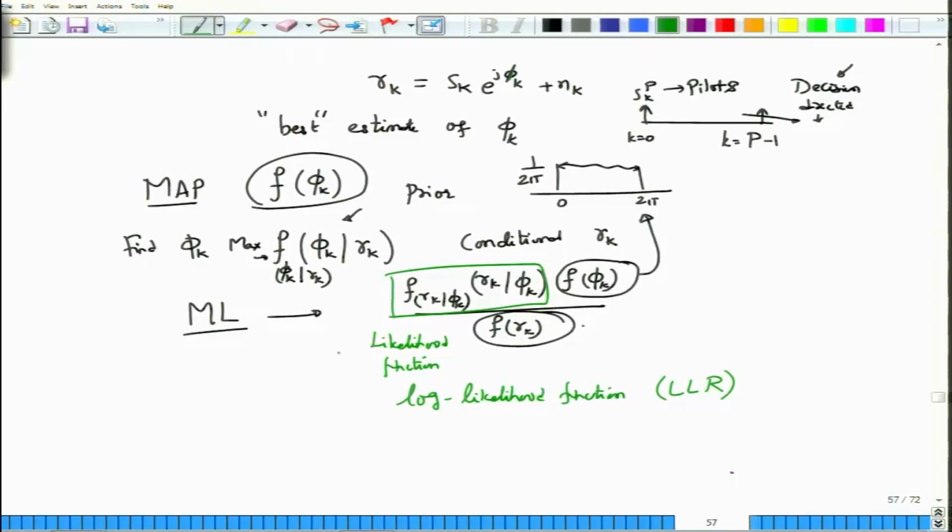So I am going to use this likelihood function, and my rule of finding the best estimate of phi k is the one which will maximize this probability density function. So find the phi k such that it maximizes this particular function. This is called maximum likelihood estimation, and this is what we are going to do.